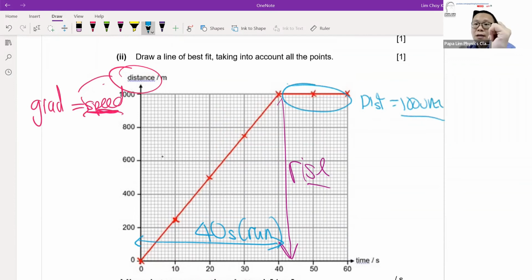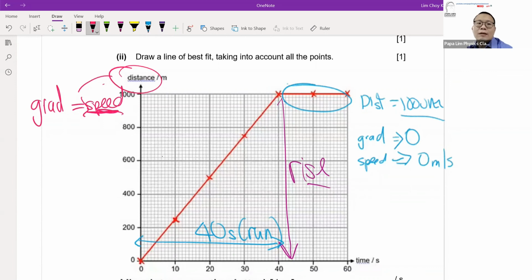I'm not interested in that, because I'm more interested in the speed of the object at 1000 meters, which means the gradient is actually 0. Okay, not constant, sorry. The gradient is actually 0, which means the speed will also be 0 meters per second.